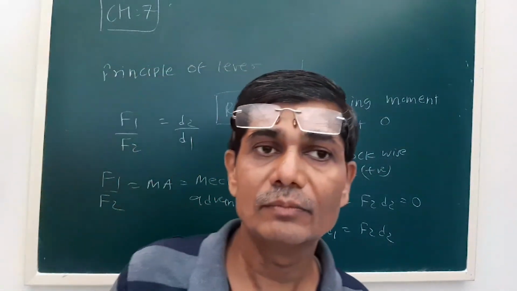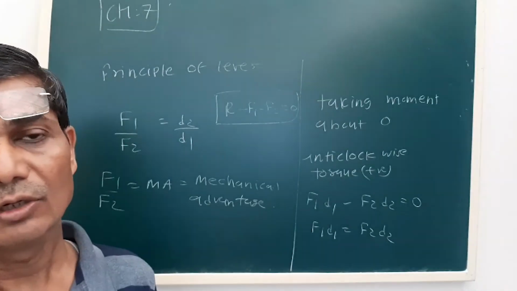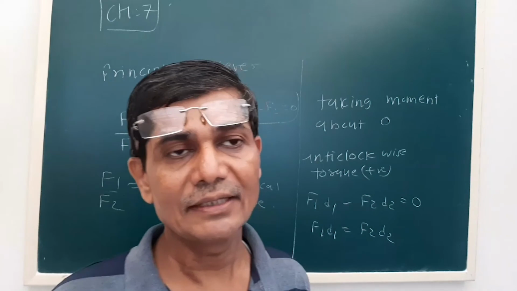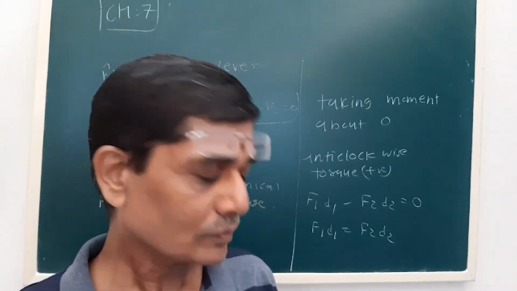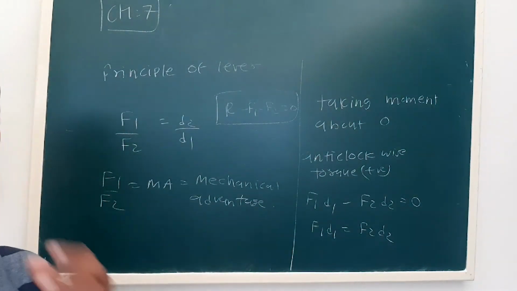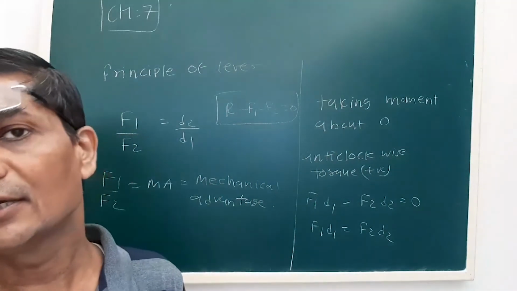So most of the theory part of this lesson number 7 is over. Next time we'll take the remaining examples, and then we'll move to the exercise numericals. So today we discussed torque and work done by torque.